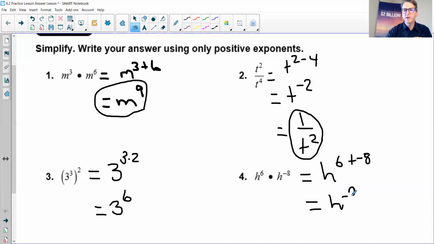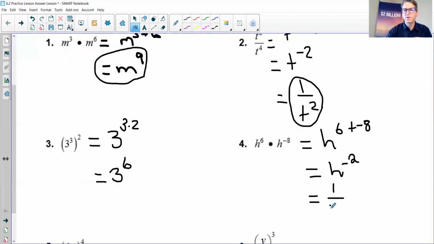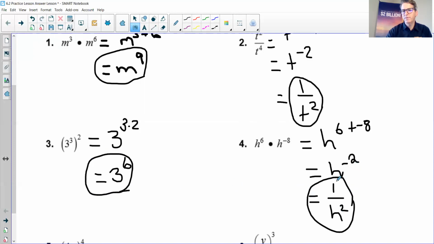We're going to get rid of that negative exponent, giving 1 over h to the 2nd. And that is number 4. Remember, when you have a negative exponent, you want to change it to a positive. We call it the reciprocal, but basically you're moving it to make it positive.